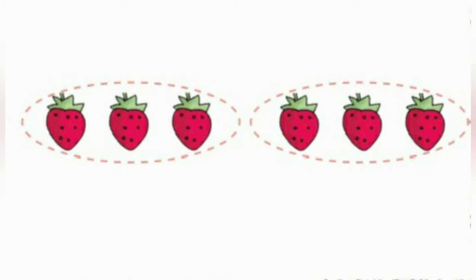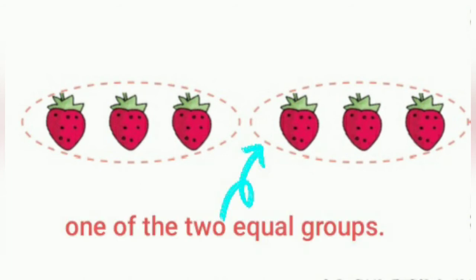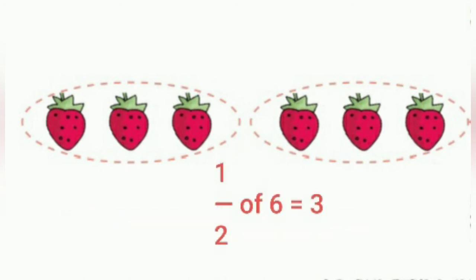To find the number of strawberries Shalini ate, divide the strawberries into 2 equal groups and count the number in one of these groups. So here you can see one of the 2 equal groups has 3 strawberries. So half of 6 is 3.